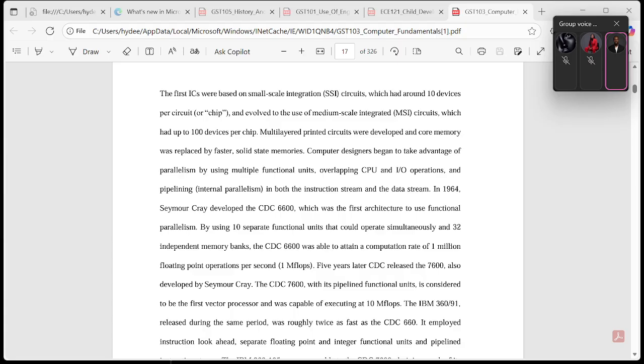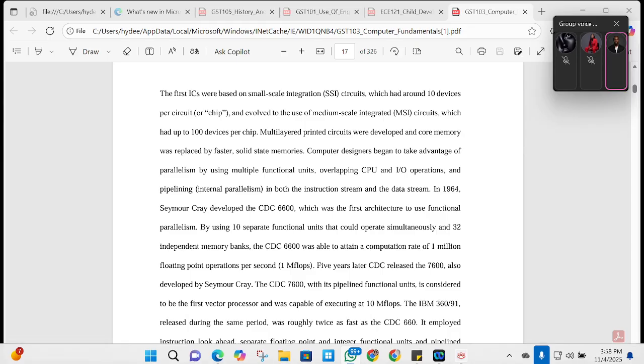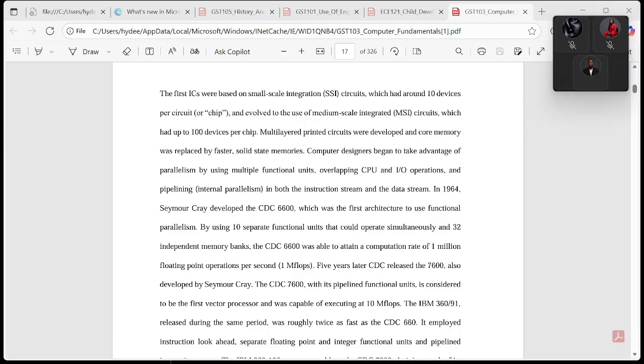That's the chip. That's the integrated circuit.